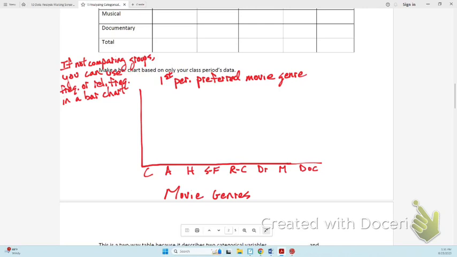So in this circumstance, we're not comparing, so I'm doing first period, we're not comparing with eighth period. So if you wanted to, you could make one based on frequency. I'm going to make it based on relative frequency because I feel like people need the most practice with that in terms of making a number scale. But you could make it based on just frequency, and the shape should actually look identical.